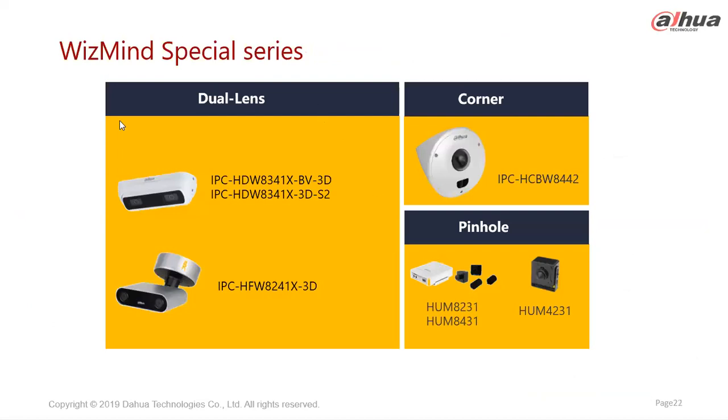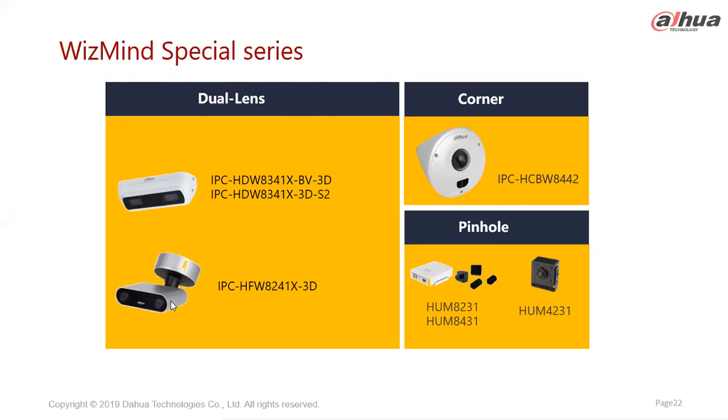Okay, so if I'm not wrong, we're supposed to do the special series cameras that Dahua offers. So this is the place that we will begin this week. We have special series cameras, like instead of having them numbered in the hierarchy, they are special types of camera. The special types include cameras with dual lenses, which we typically use for people counting.